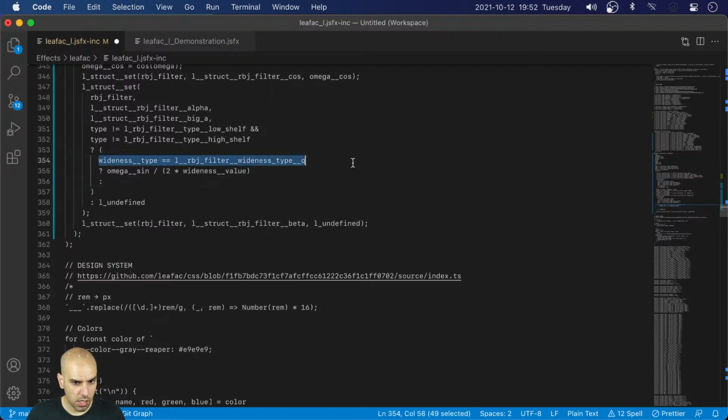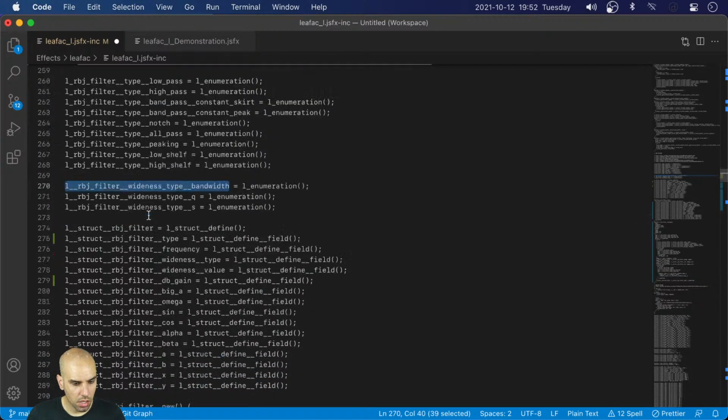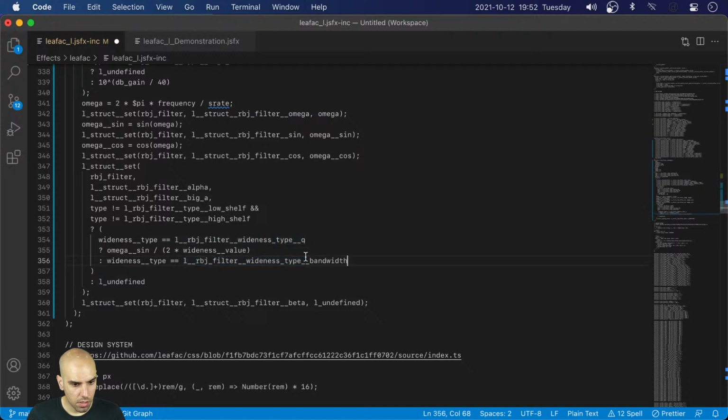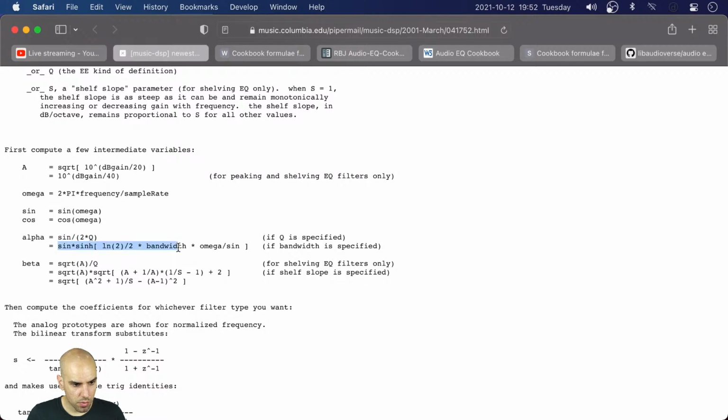Otherwise, if my type is not Q but bandwidth, then I should use a different equation, which is this equation.